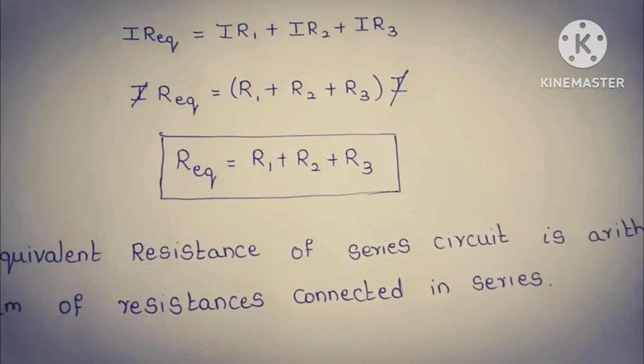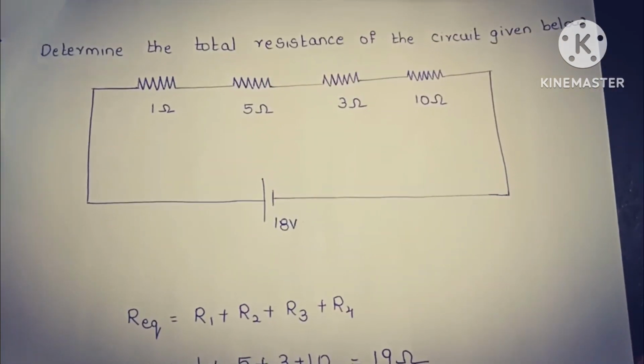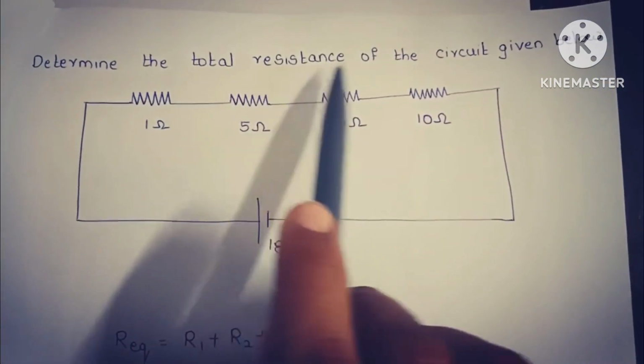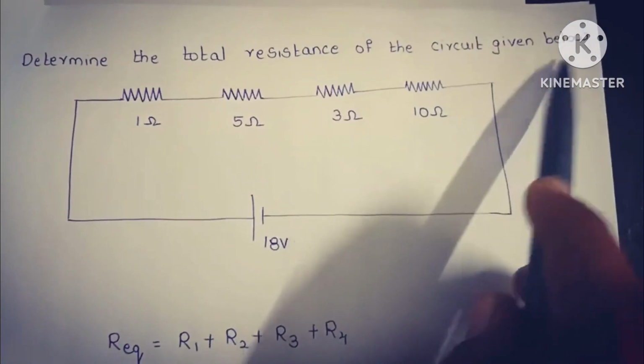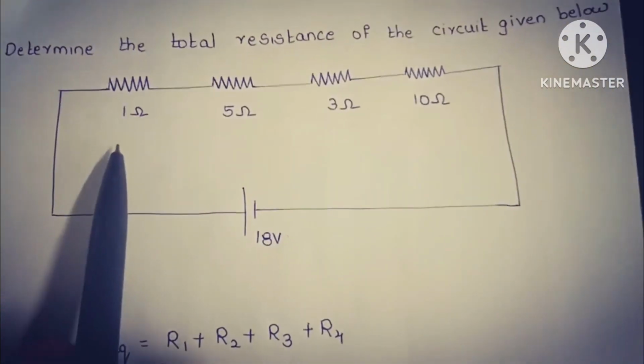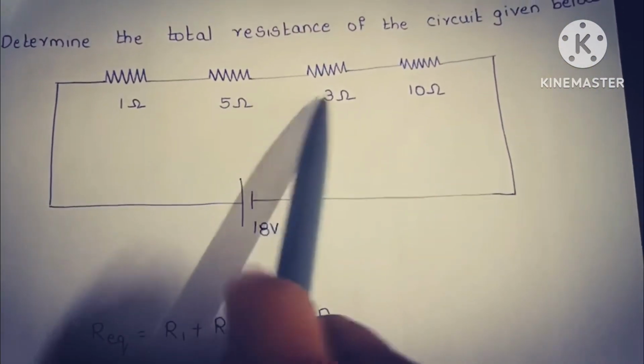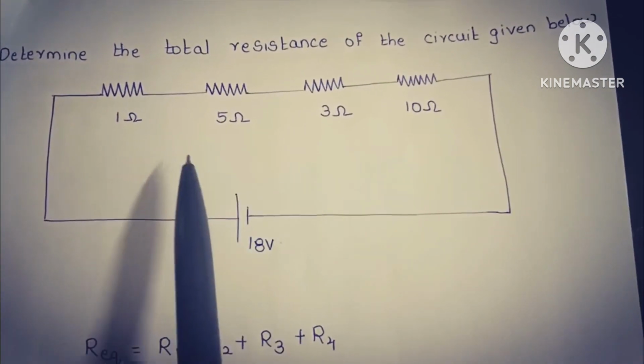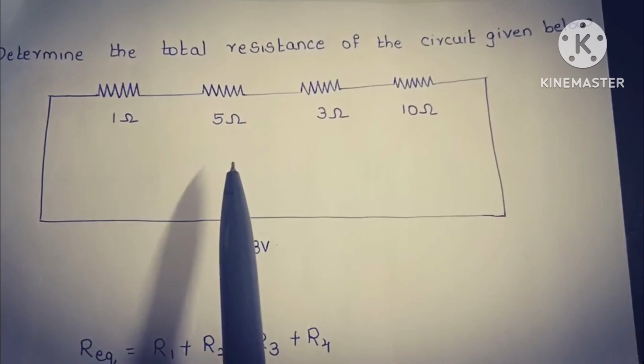Now let us consider an example. Determine the total resistance of the circuit given below. Here we have four resistors which are connected in series and we need to find out the total resistance.